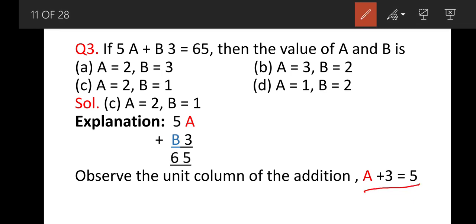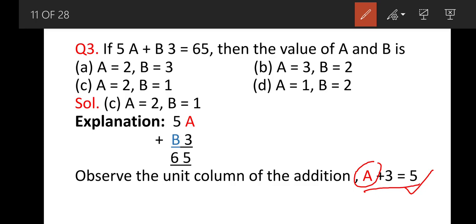It is not mandatory that every time you observe the unit column first. You can use any column first, whichever you find easy. So I am taking the unit column first, a plus 3 is equal to 5. Dear children, can you find the possible value of a so that the sum is 5? Obviously a can be 2.